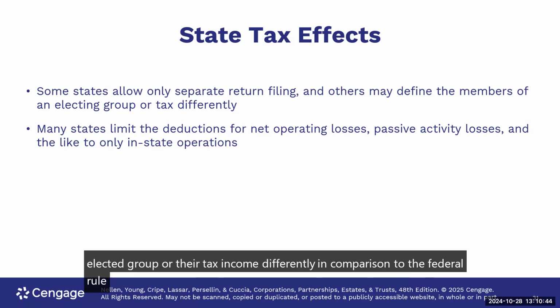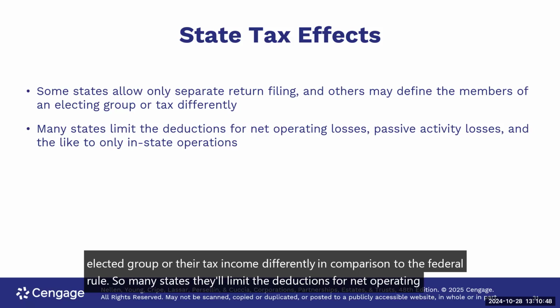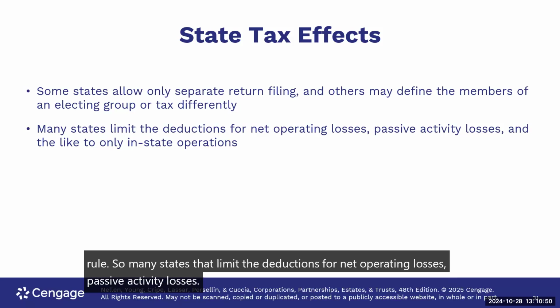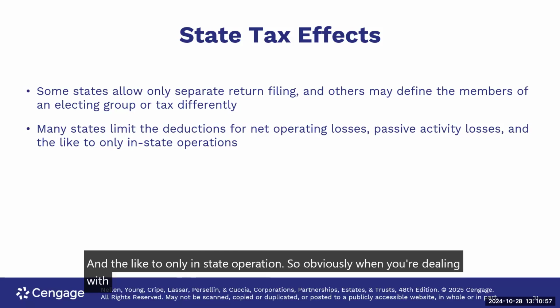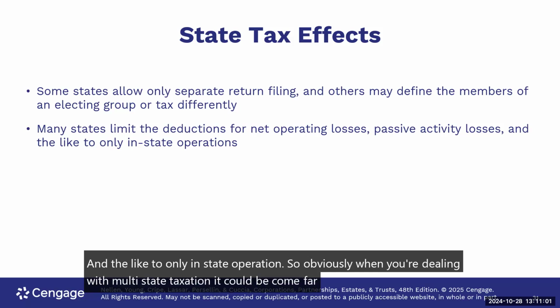Many states will limit the deductions for net operating losses, passive activity losses, and the like to only in-state operations. So obviously, when you're dealing with multi-state taxation, it can become far more complex.